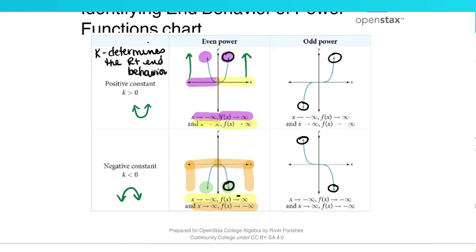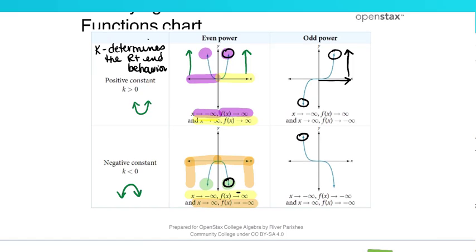So for the odd power, as x is approaching infinity, f of x is also approaching infinity. So this should say, as on the bottom one, as x approaches infinity, f of x approaches positive infinity.